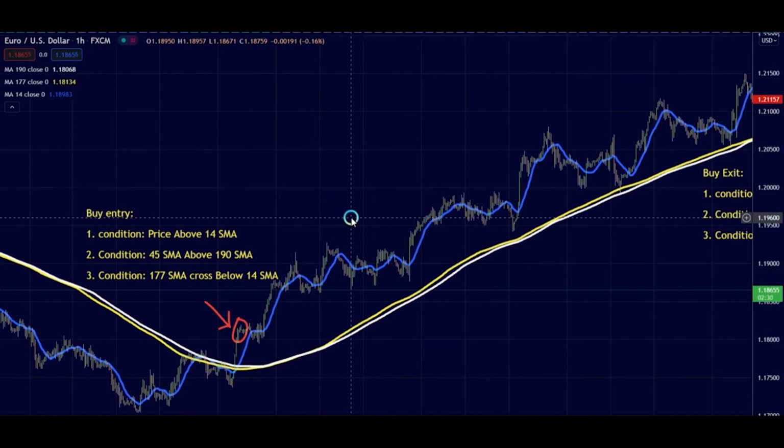If you have a really good entry signal, but you have a bad exit strategy, you will still fail, because you can end up in loss, even if you hit the buy or sell trade at the perfect place.